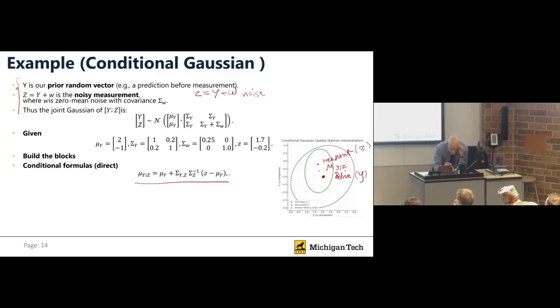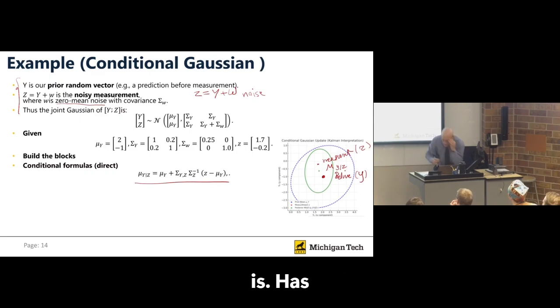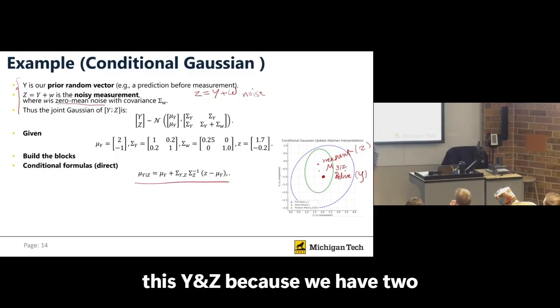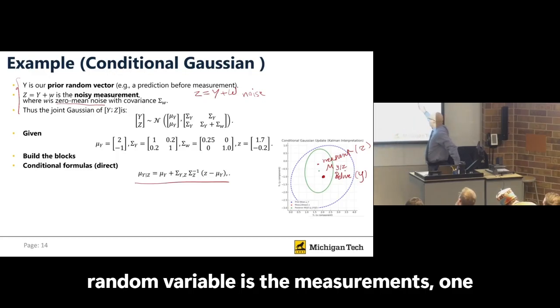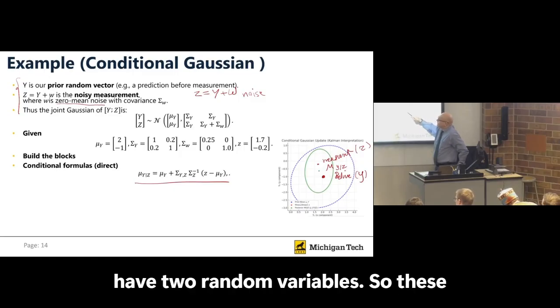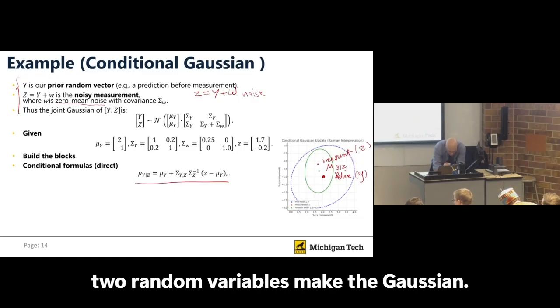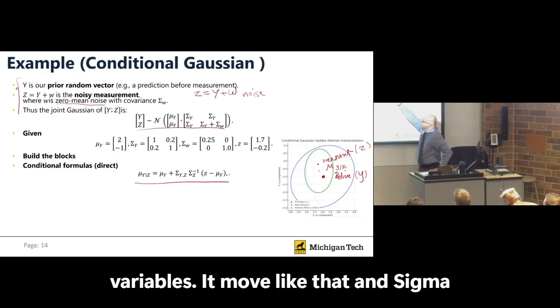And then the new random variable that has this y and z, because we have two random variables in this case. One random variable is the measurements. One random variable is our belief. So these two random variables make a Gaussian joint random variable with mu like that and sigma like this.